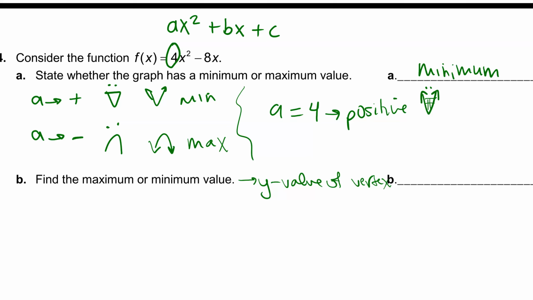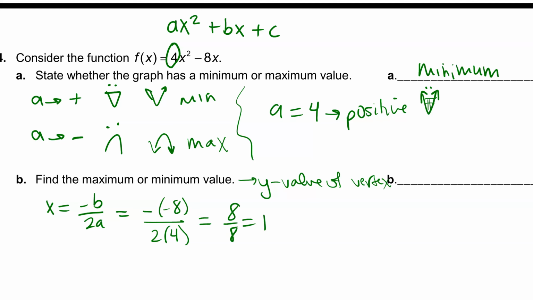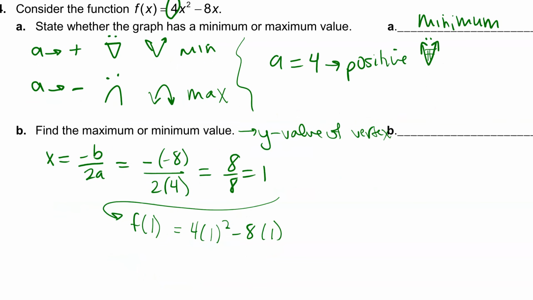So to find the y value, we have to find the x, which is negative b over 2a. So it's going to be negative 8 over 2 times a, which is 4. 8 over 8 is 1. Then I plug that back in and I'll find the y value. f of 1 is equal to 4 times 1 squared. Exactly. The vertex is always where your min or max occurs. The vertex is where your axis of symmetry goes through.